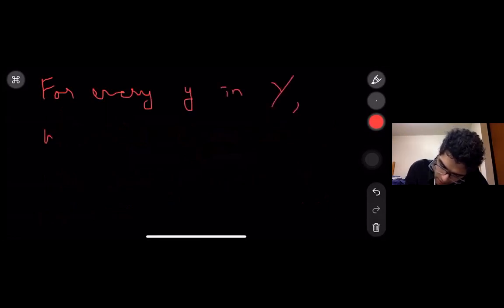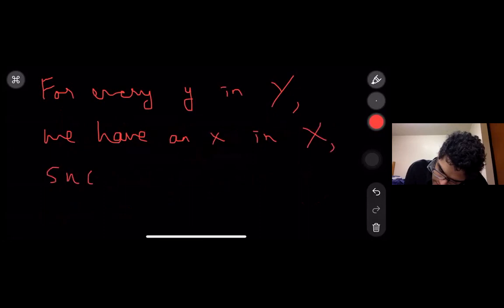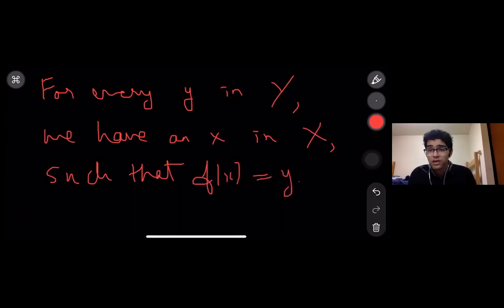For every y in big Y, we have an x in big X such that f of x equals y. Now, I will not explain what this means because I want you to look at this very carefully for some time and try to make sense of it.